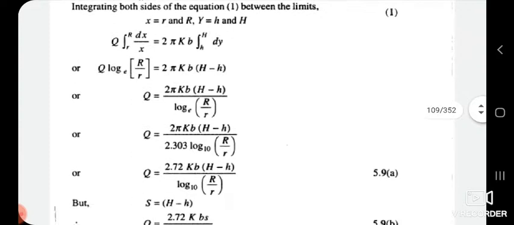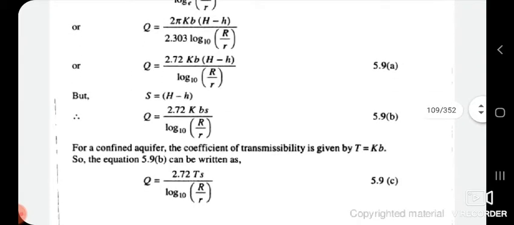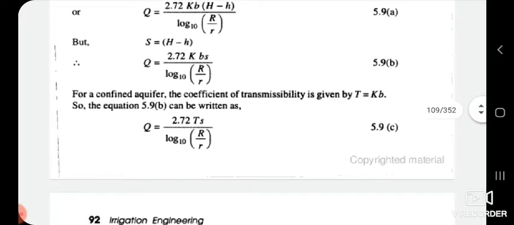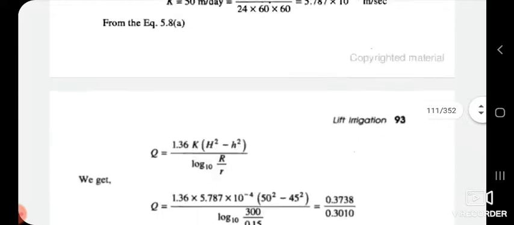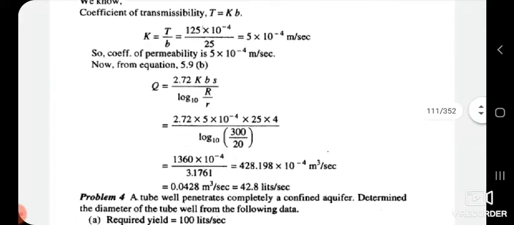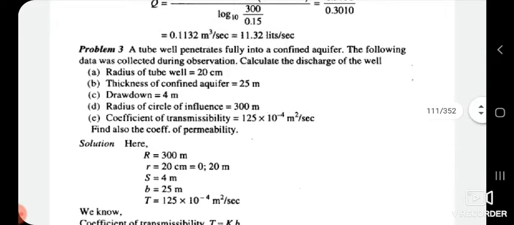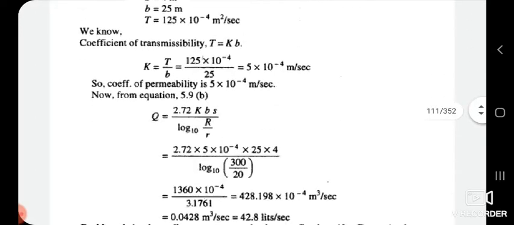So you can just check out and verify, and also recall the formulas and other things. That is, coefficient of transmissibility is given by T is equal to Kb. Okay, and also Q discharge is also given. So recall it once again with the previous video or else with the given classwork note, and then you can move on with the problem.